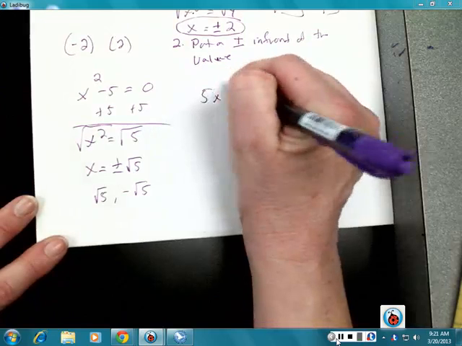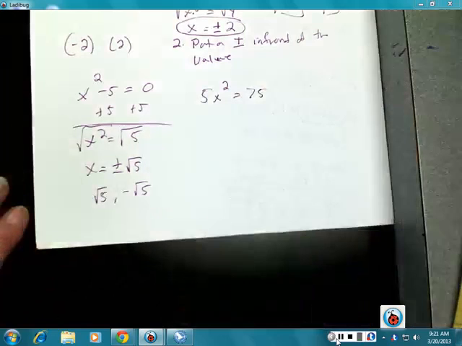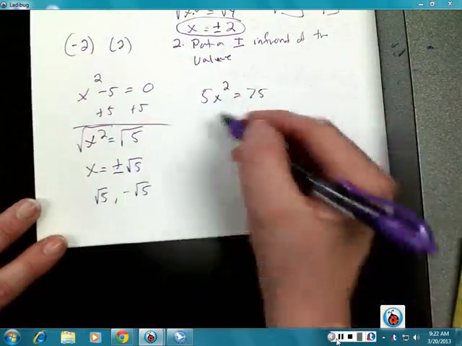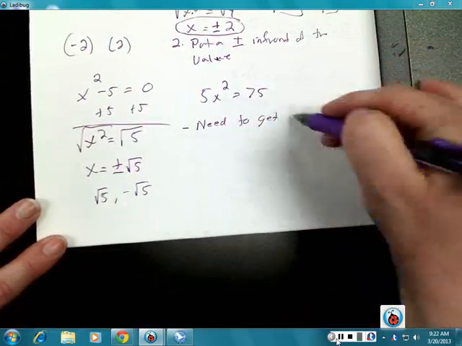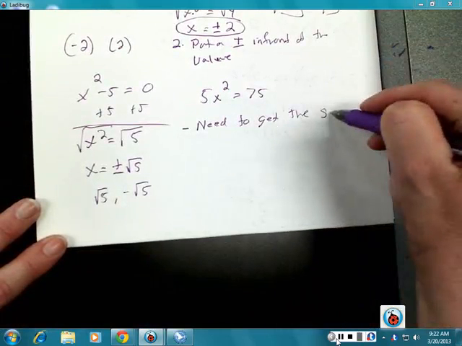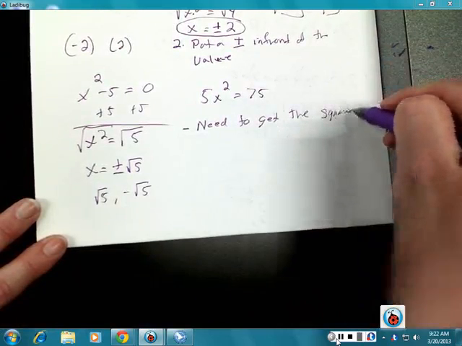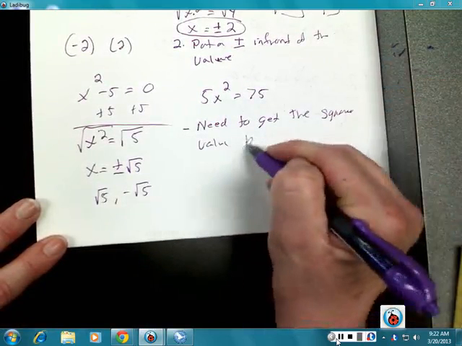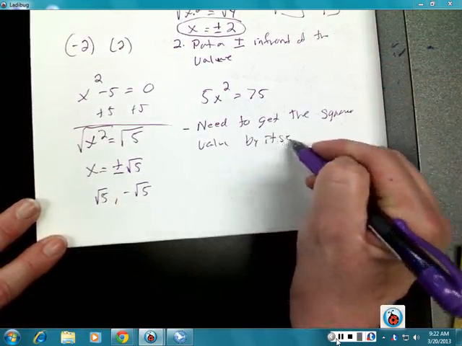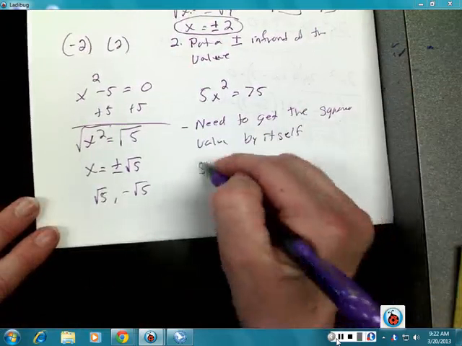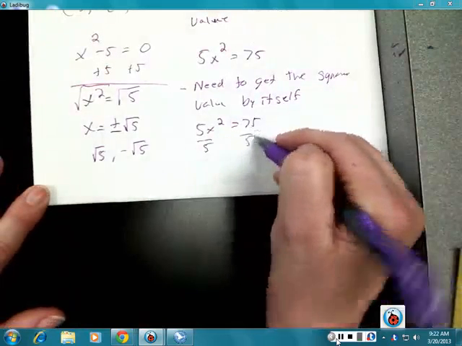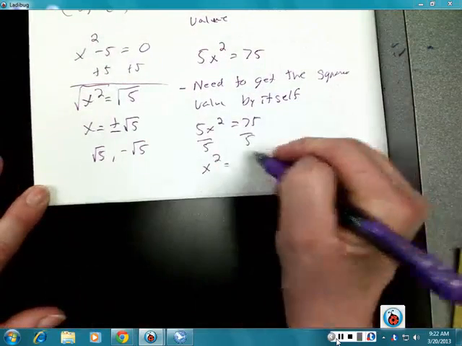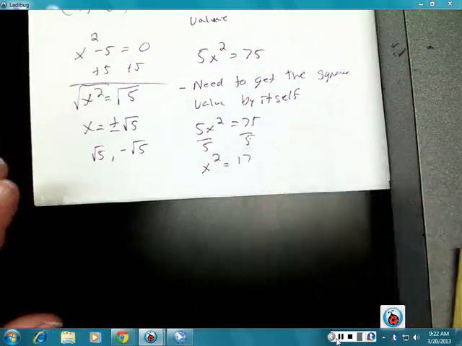If it has a number in front of your squared term, I can't just take the square root of each side because 5 is not a perfect square. So you need to get the squared value by itself. To do this on this one, 5x squared equals 75, all I do is divide by 5, and I find x squared is equal to 15, because 5 goes into 75 fifteen times.